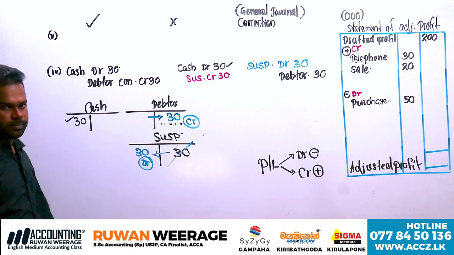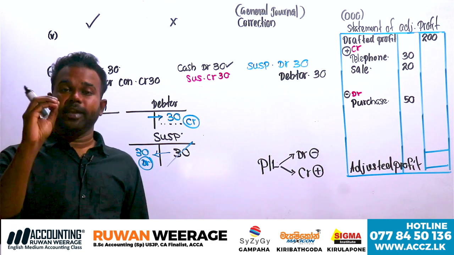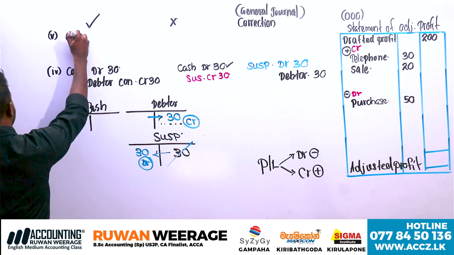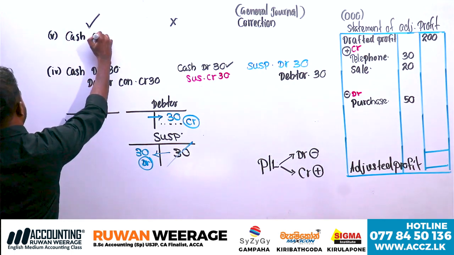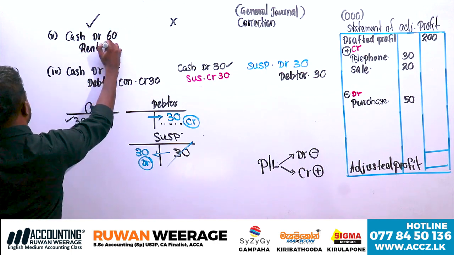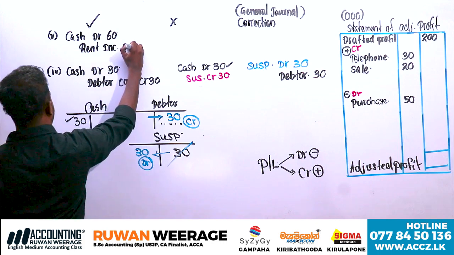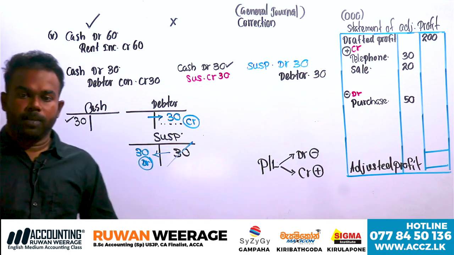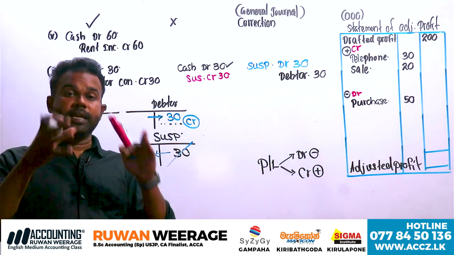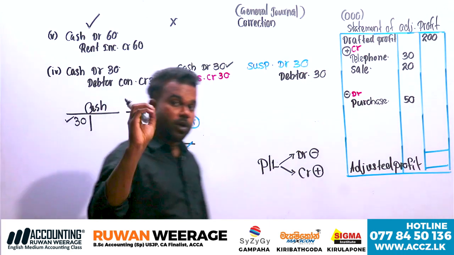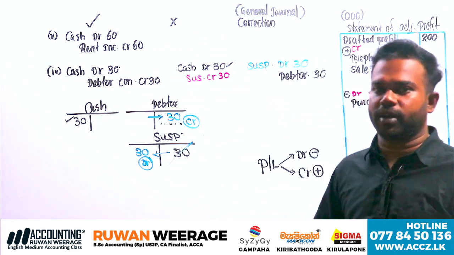Fifth one: 60,000 building rent income. What's the double entry? Cash debit 60, rent income increase, credit 60,000. Understand? But it was double recorded in the receipt journal, not in a single account. They recorded it in the prime entry book, the books of accounts.